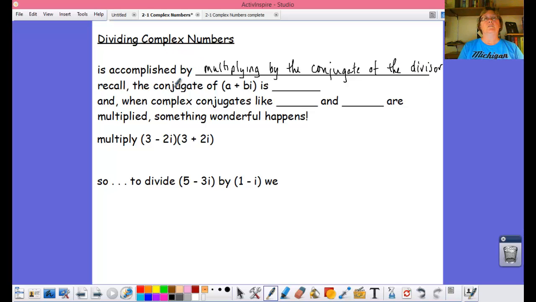I hope that you'll remember the conjugate of a plus bi would be the same two numeral parts, a and b, but this time with a different sign in the middle. So these two are conjugates. When you multiply conjugates, I'm going to write them in here, a plus bi, a minus bi, you'll see that something cool happens.